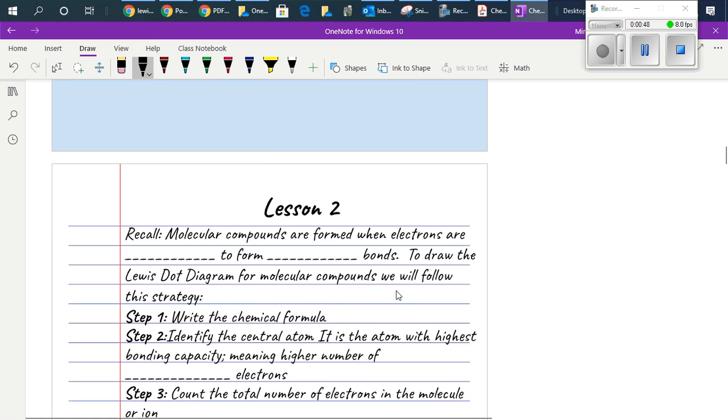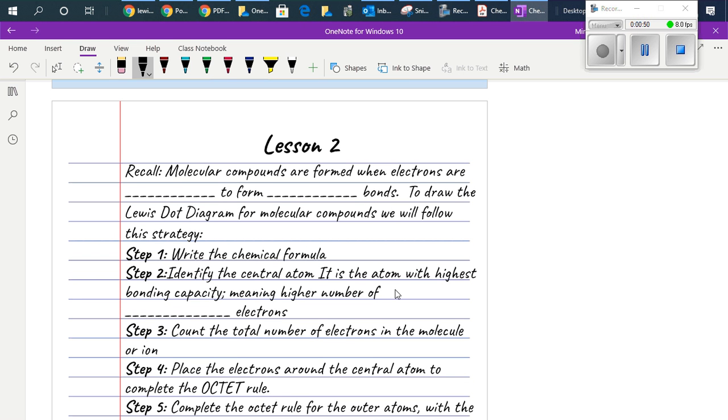So let's start with a short review of molecular compounds. Molecular compounds, as we have been talking recently, even in the review of Science 10, are formed between two non-metals. So what is happening in a molecular compound? The electrons are shared, in contrast with the ionic compound where the electrons are exchanged.